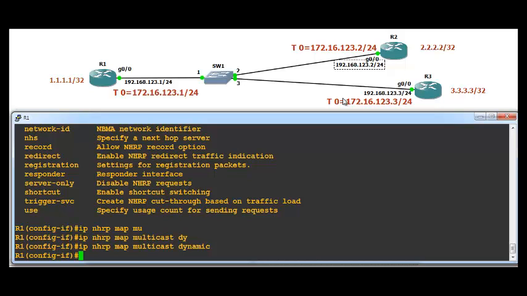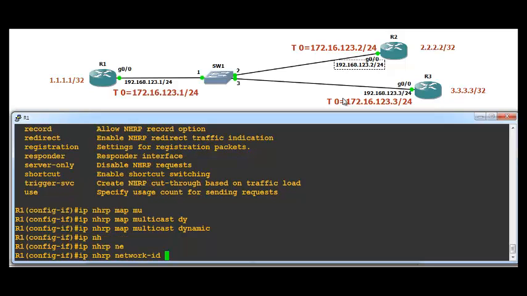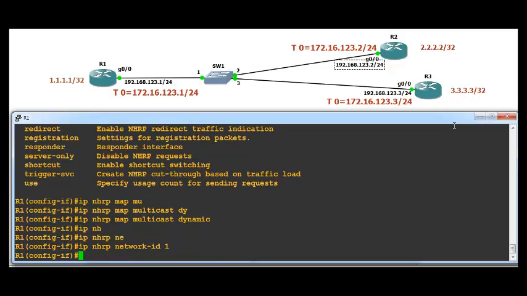So what we do is, we give this command called IP NHRP network ID. This is a common command. Whatever number you type here should be the same number typed on R2 and R3. You will be repeating this command on R2 and R3.